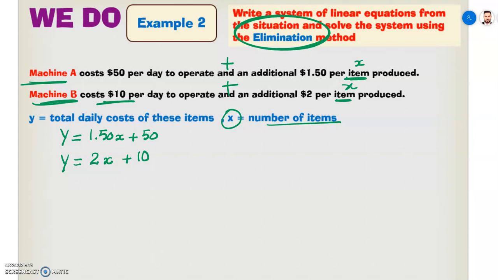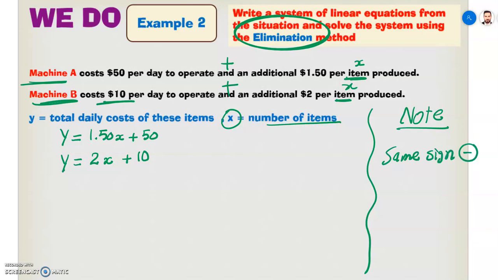After writing these two equations, do you still remember our notes? Yes, mister. Our note: if you have the same sign, you are going to subtract. If you have different signs, you are going to add.